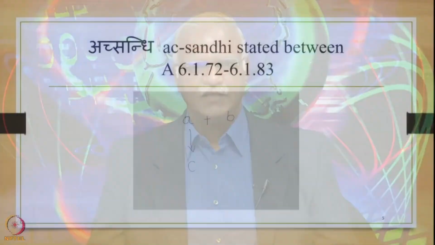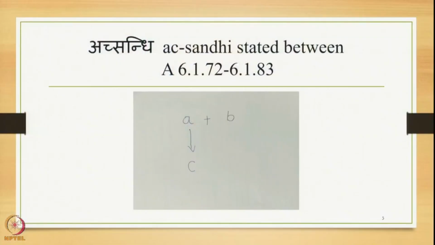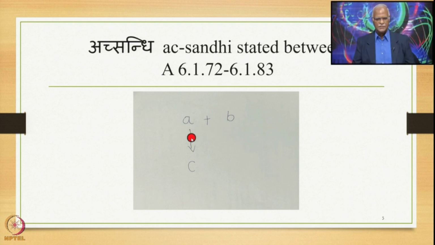This ekasthanika ekadesha can be diagrammatically represented like this. If you have A in close proximity with B, which means that you have A plus B as an input, B is the right hand side environment and they are in the samhita mode, and so A gets substituted by C. A plus B is the input and C plus B is the output.